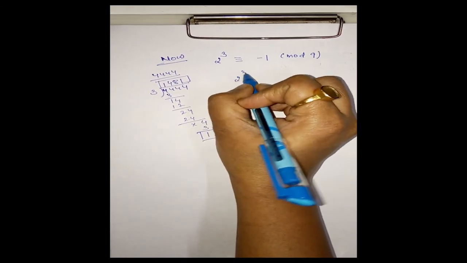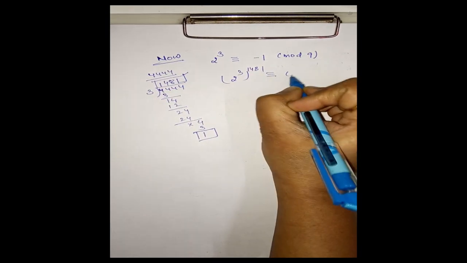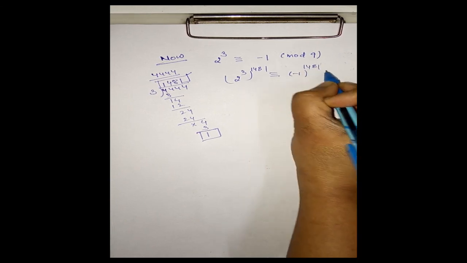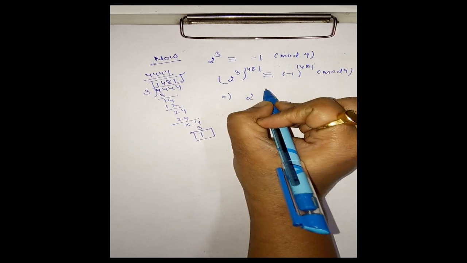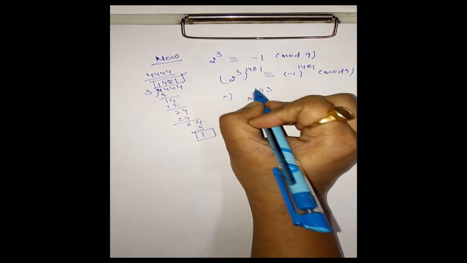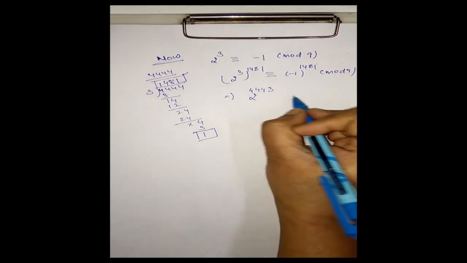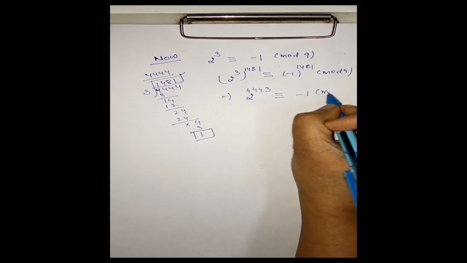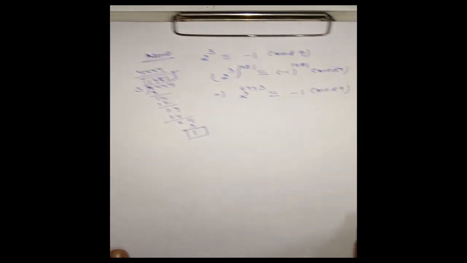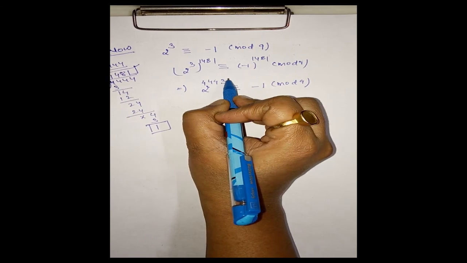On taking this as the power 1481 both sides, we have 2 to the power 3 times 1481, and this is an odd number, so we are here with the negative sign, modulo 9.